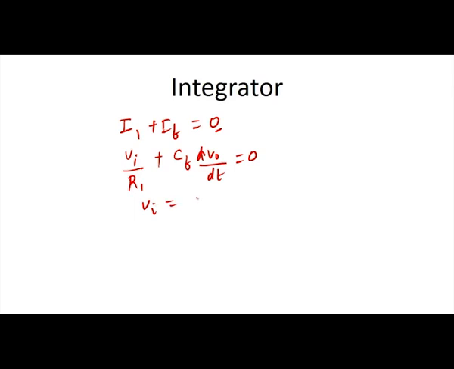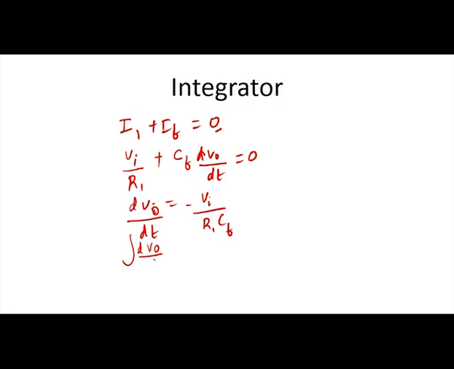So, dV0 by dt is equal to VI by R1 CF, with a negative sign. We have to derive an equation for the output voltage of the integrator. It is in differentiation terms, so you have to cancel out this differentiation by using an integration.